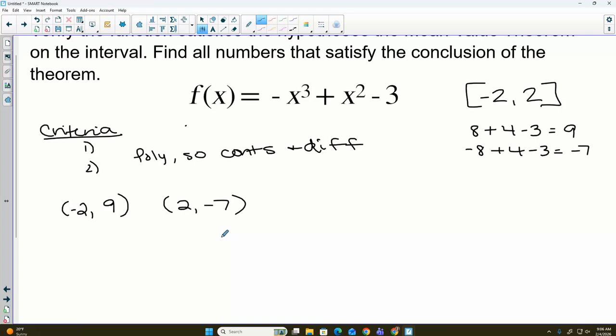So on both mean value theorem and Rolle's theorem, you have to plug in the numbers to get your endpoints. On Rolle's, they are the same. Here, we have to do our slope between them. So y2 minus y1 over x2 minus x1.